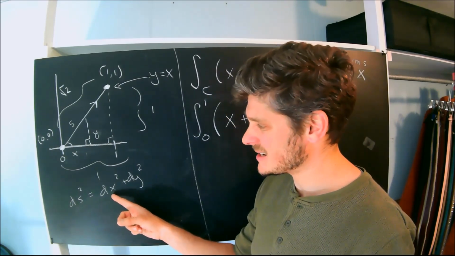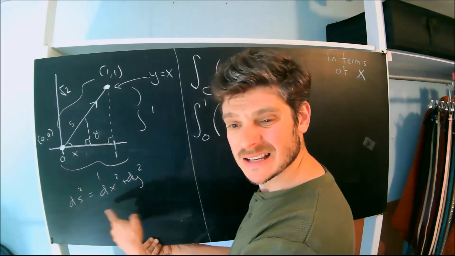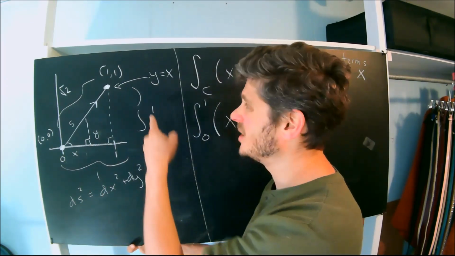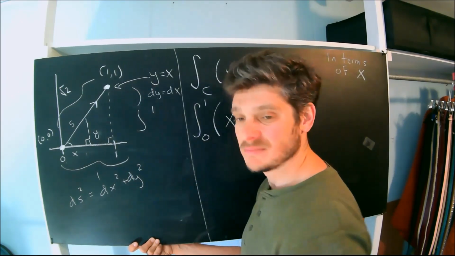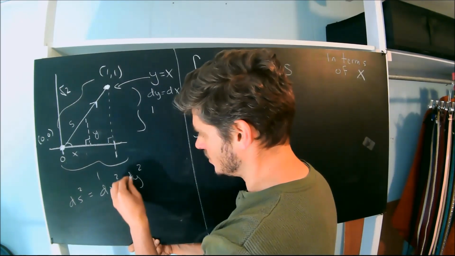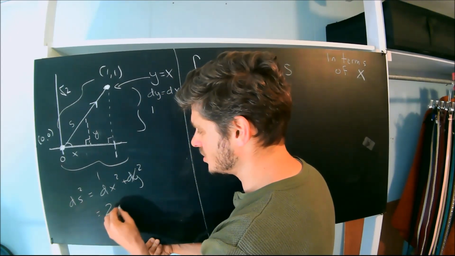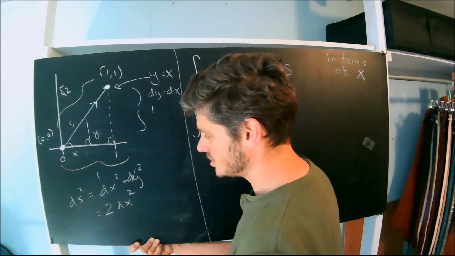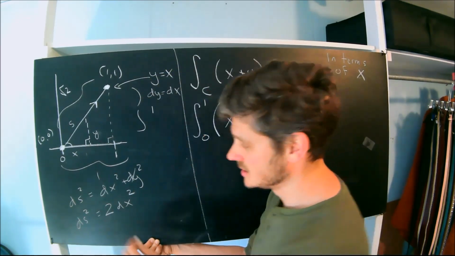And I want to get dx now, but this is my relationship. So the first thing is, well, we know y equals x. Well, if y equals x, then dy also equals dx. So this becomes dx, and I have two of those. So 2 dx squared equals my ds squared.